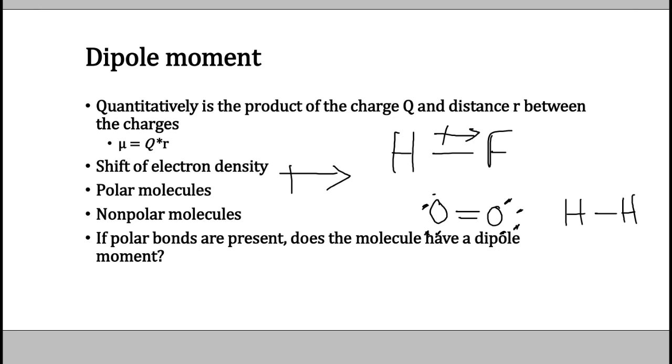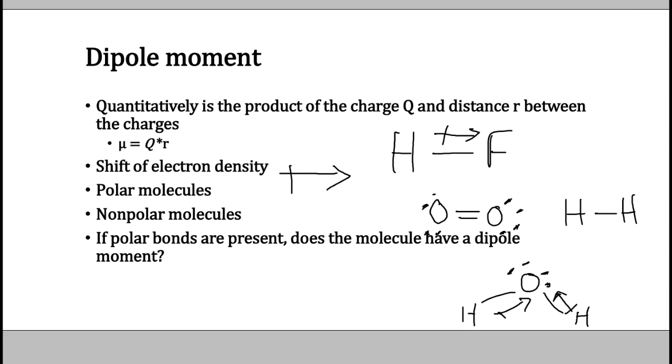So then the question we have to ask ourselves is, if you have a polar bond that's present, now we're going to consider a molecule with a central atom, so there's more than one terminal atom, does the molecule have a dipole moment? Okay, so water is a fairly straightforward example because of the way that we draw the dipole moments on this. Well, is oxygen more or less electronegative than hydrogen? Well, it's more electronegative.